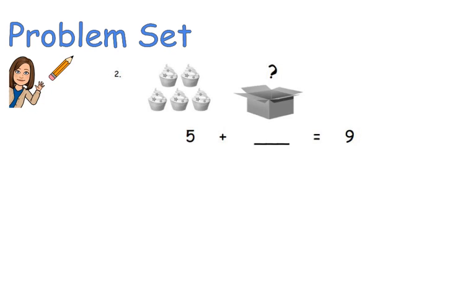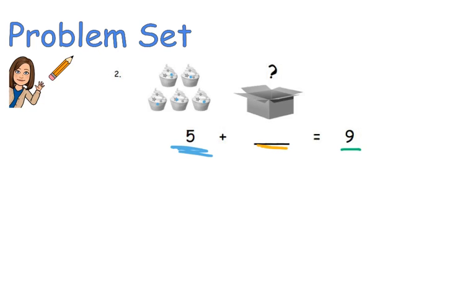Okay, our cupcake problem, number 2. Let's count how many cupcakes there are. 1, 2, 3, 4, 5. So we have 5 cupcakes plus some that are in the box, we're not sure, equals 9. So we have to start at 5 and add some more to make 9.